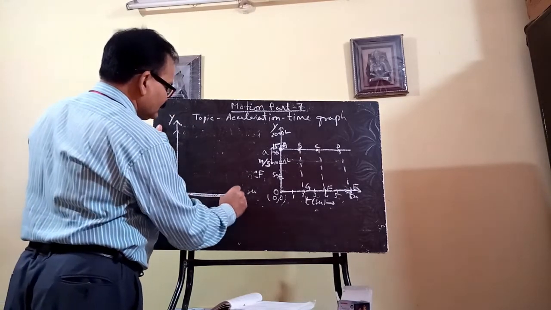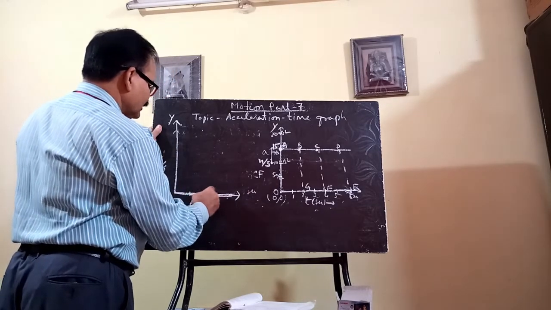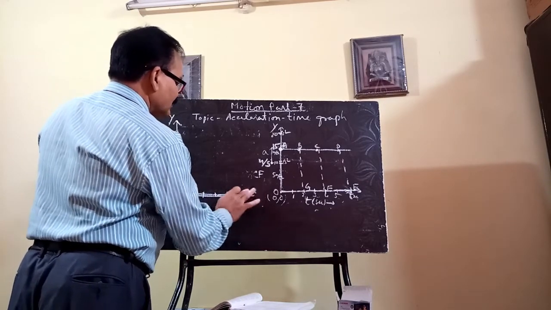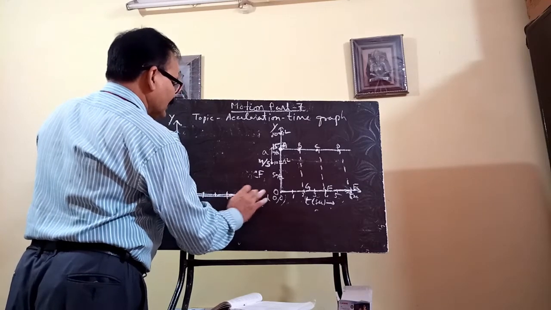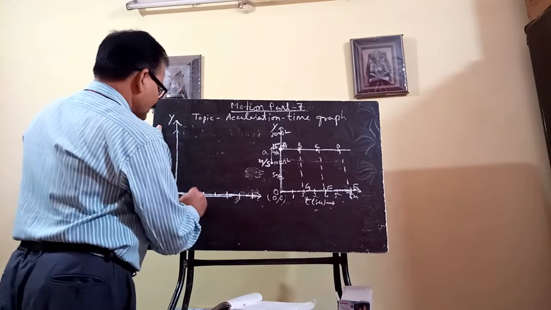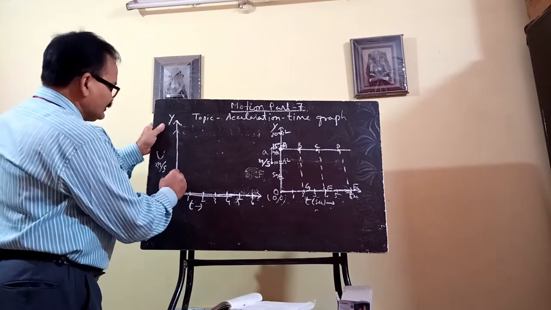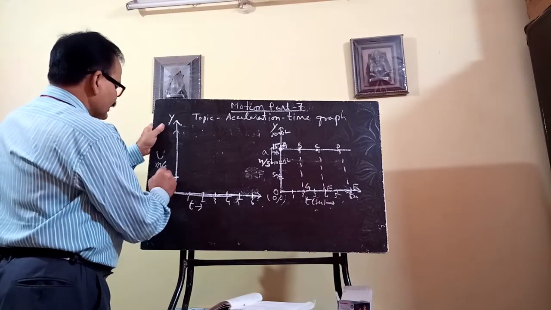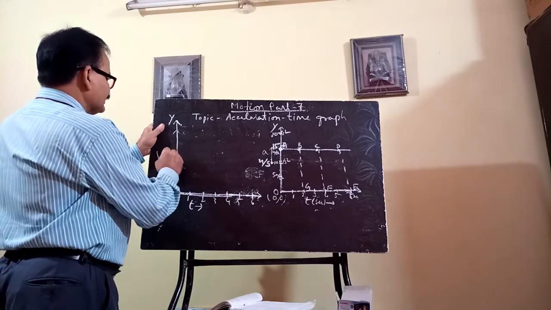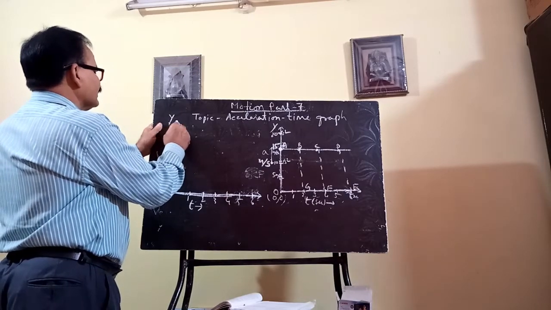Say this is 1 second, 2, 3, 4, 5 and 6. The velocity values are 30 meter per second, then 60 meter per second, and this is 90 meter per second.